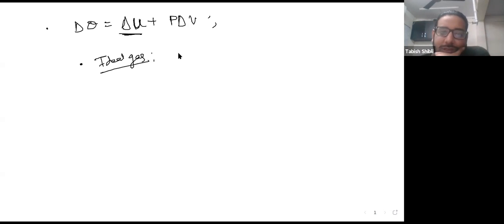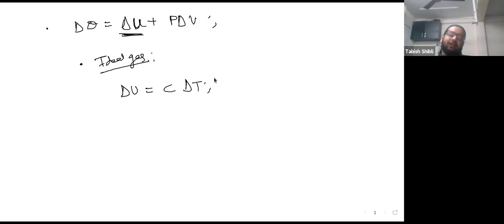So my delta U I have defined as C delta T, where C is the specific heat. If I'm putting in some energy, the temperature of the body is going up, and by how much depends on the specific heat.